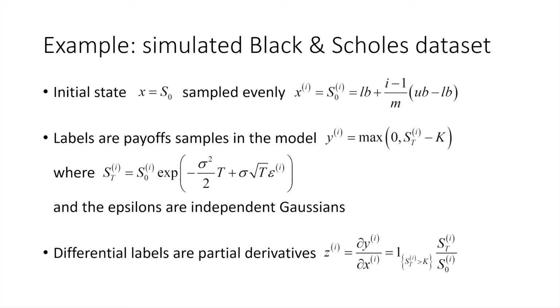Differential labels dy dx are partial derivatives of the simulated final payoffs with respect to the sampled initial states, and they are easily computed analytically in Black Scholes. In the general case, they are efficiently and automatically computed by algorithmic adjoint differentiation or AAD.